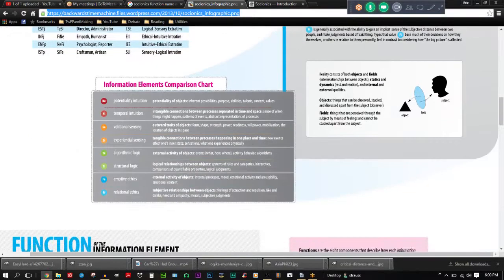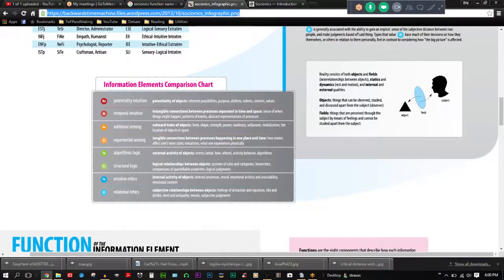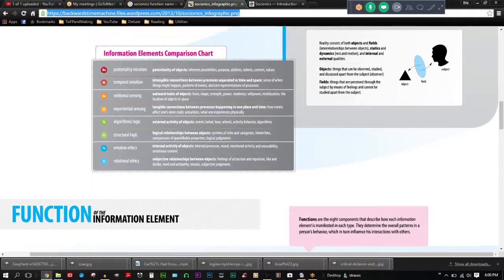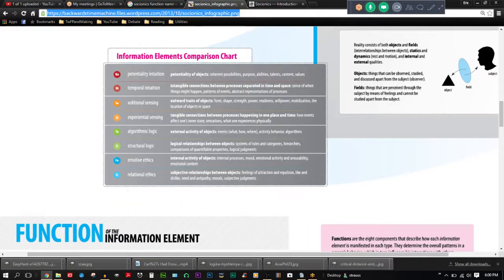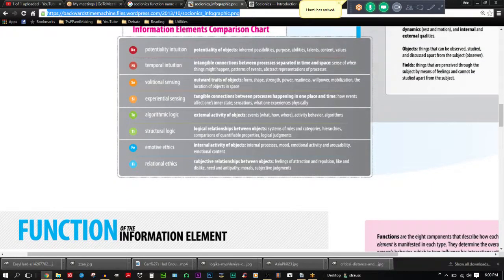I'm not going to read them all out loud, but what I'm getting towards here is let's talk about this informational elements comparison chart. I think this is an important one because it tells us how to understand the socion through not just the functions, but how those things match up.